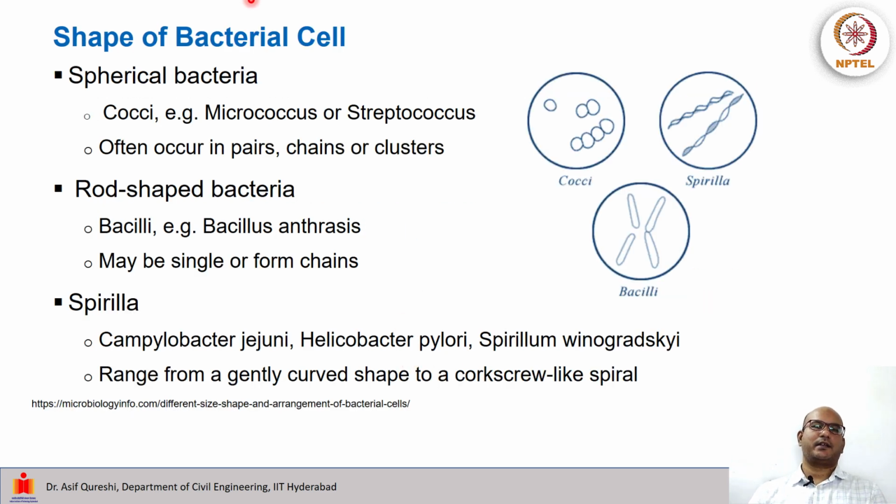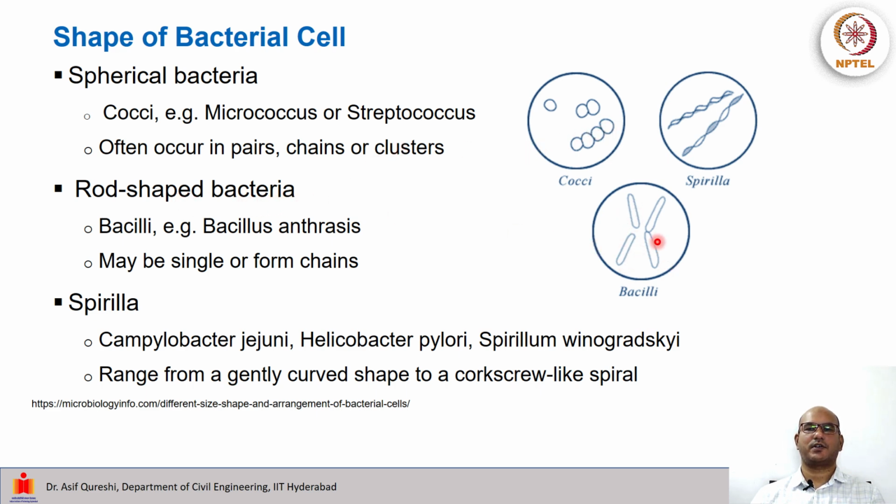The shapes of bacteria can be of different types. We can have spherical bacteria, which are the cocci, almost spherical shape. Examples could be Micrococcus or Streptococcus. They can often occur in pairs and chains and clusters. Then we may have the rod-shaped bacteria.